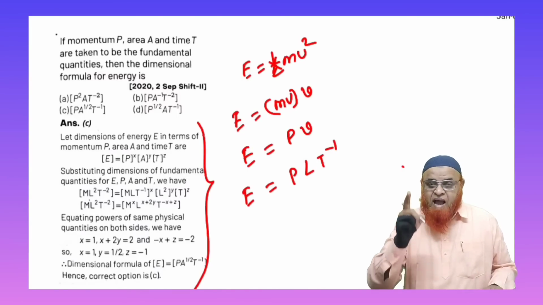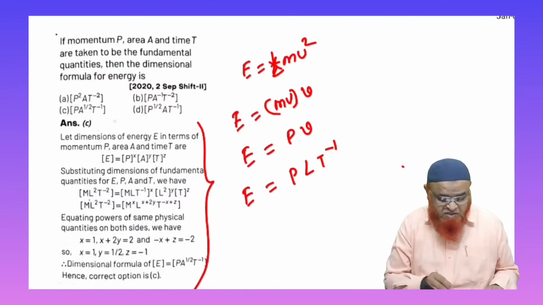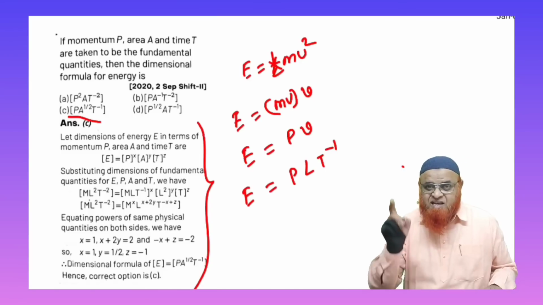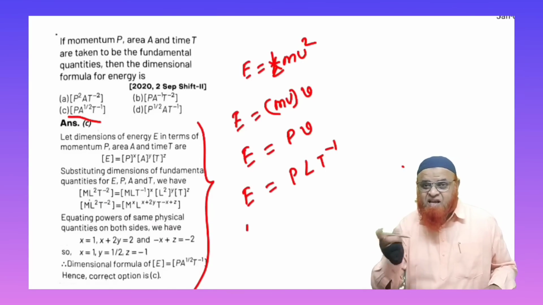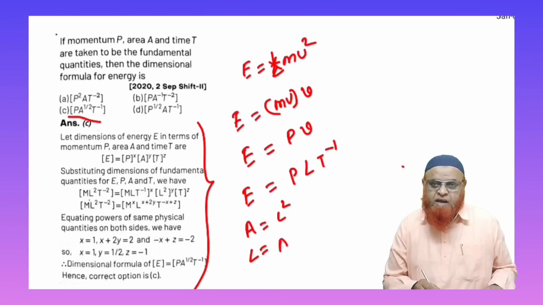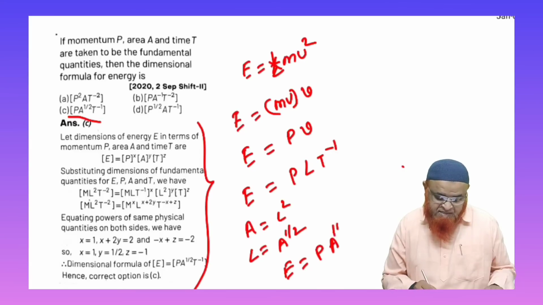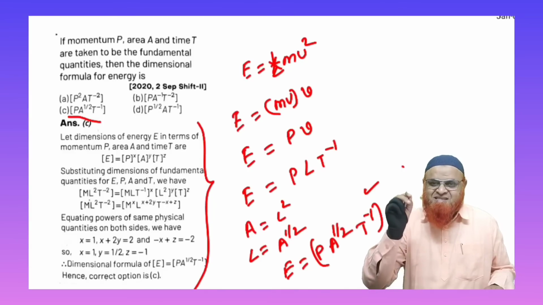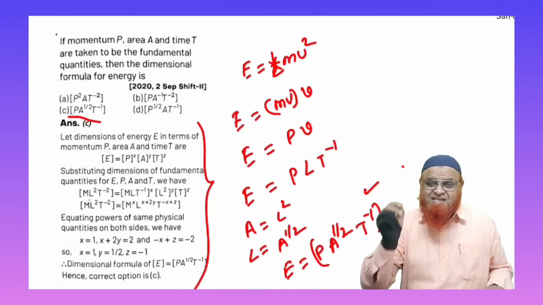You also have to replace L with A, because in the options momentum is there, area is there, time is there, but length is not. You all know area means L square, so L is A power of 1 by 2. That's it. You can write E as P A power of 1/2 T power of -1. So this is the simple, strategic and easy lazy method.